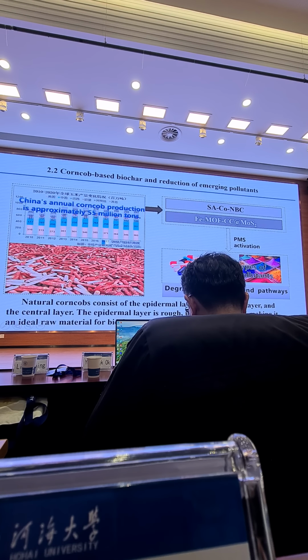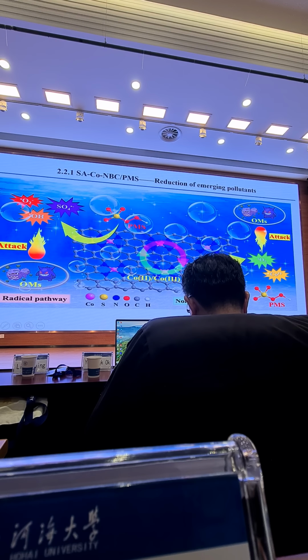Those layers are rough, uneven, and brittle, making it an ideal raw material for biochar preparation. So you can deal with over 10 types of emergent pollutants. And that's the diagram looking into the reduction of the emergent pollutants.